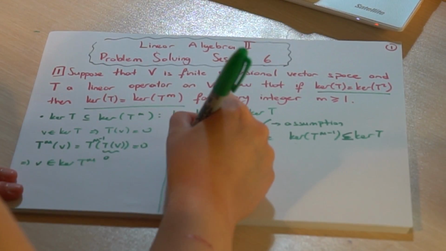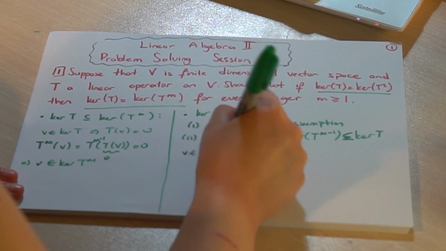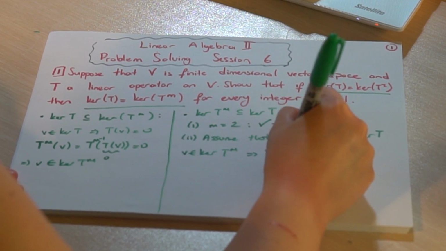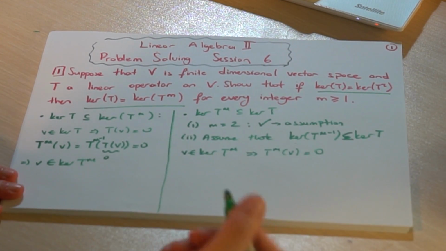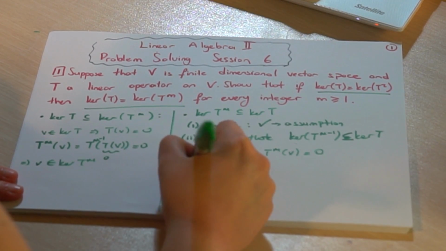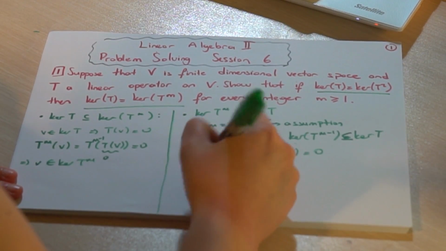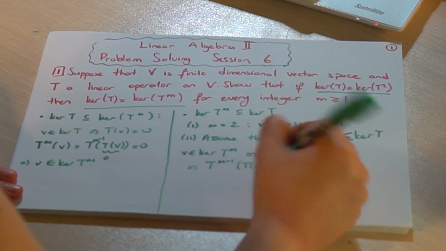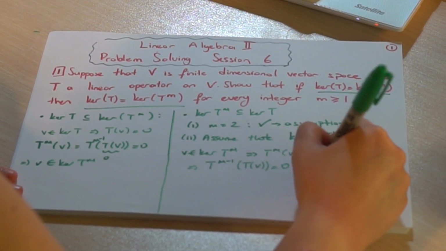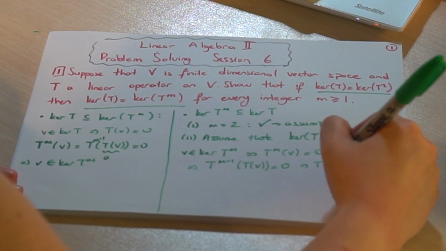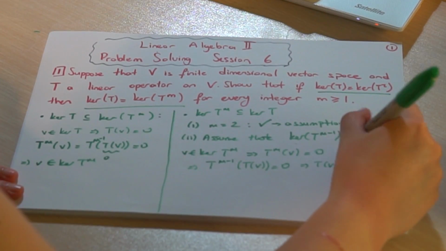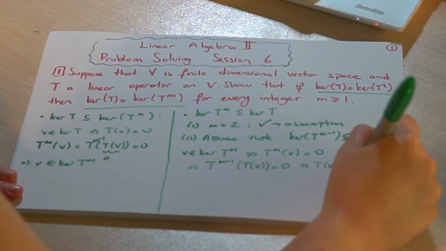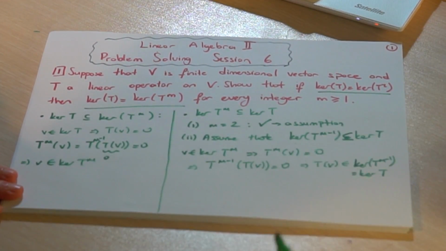Now, let's take V in kernel T to the m, right? So T to the m V will be equal to 0, right? We can write this one as T to the m minus 1 TV, right? So TV is in the kernel of T to the m minus 1, and we know that this is equal to kernel of T, right?